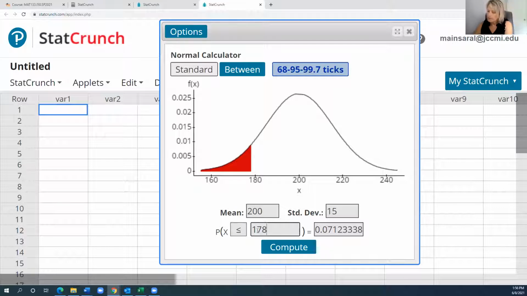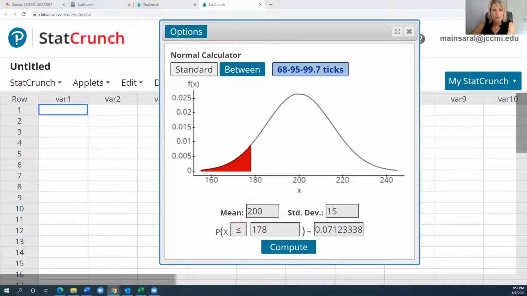So part C says, what is the probability that X is less than 190 or greater than 225? Okay, so these are two separate things because they're disjoint. You can't be less than 190 and bigger than 225 at the same time. So we could do them separately and then add them.